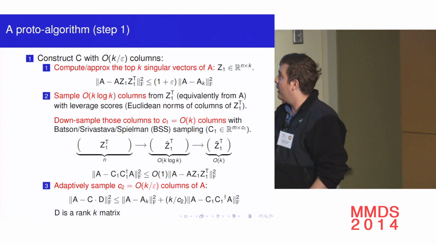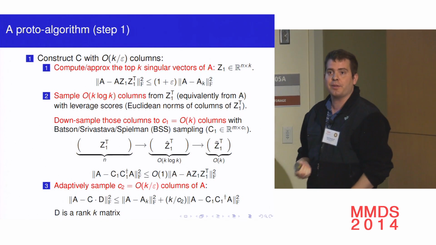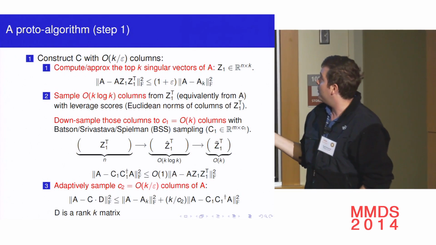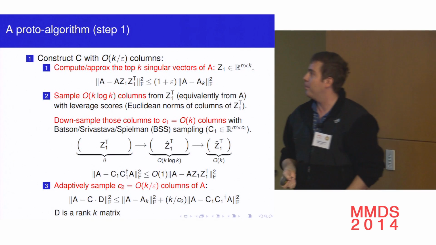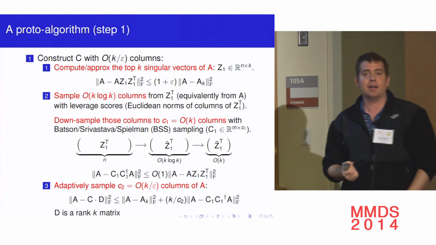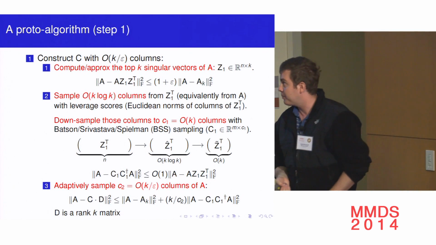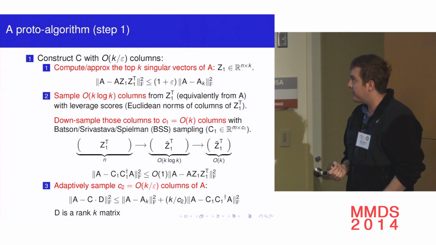But in fact, using a technique of Boutsidis, Drineas, and Magdon-Ismail, you can reduce this to order k samples. This is a nice adaptation of a Batson-Spielman-Srivastava result for spectral sparsifiers, and a nice application of that result in this context.